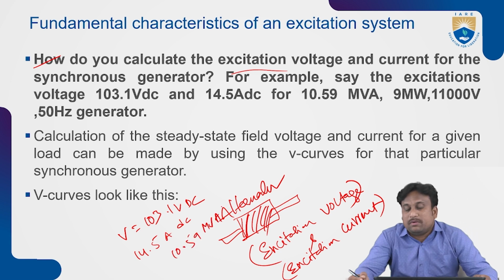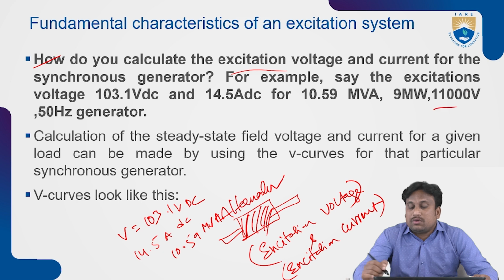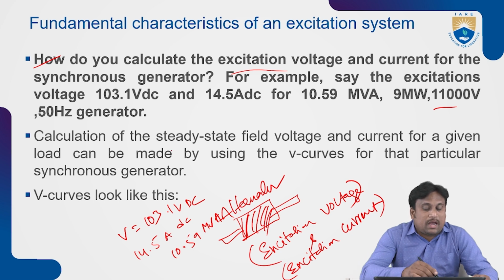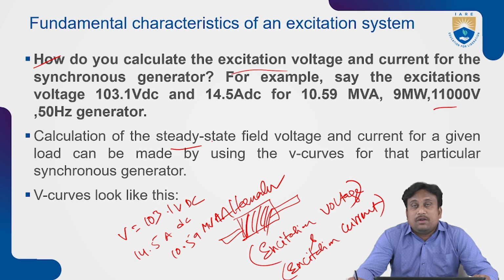The problem is also given as a 9 megawatt, 11 kV, 50 Hz generator; the frequency and voltage ratings are given. The steady state field voltage and current for a given load can be calculated using the V curves only.